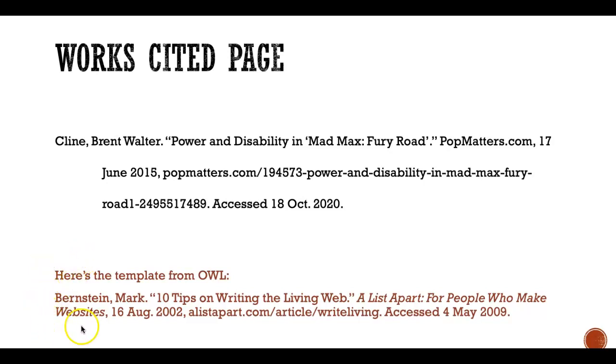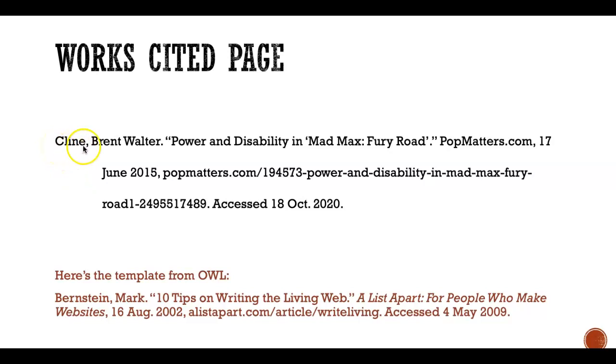So this is the template from OWL for citing an electronic source, in this case an article from a web magazine. And I've just put in the same information here with what I had.